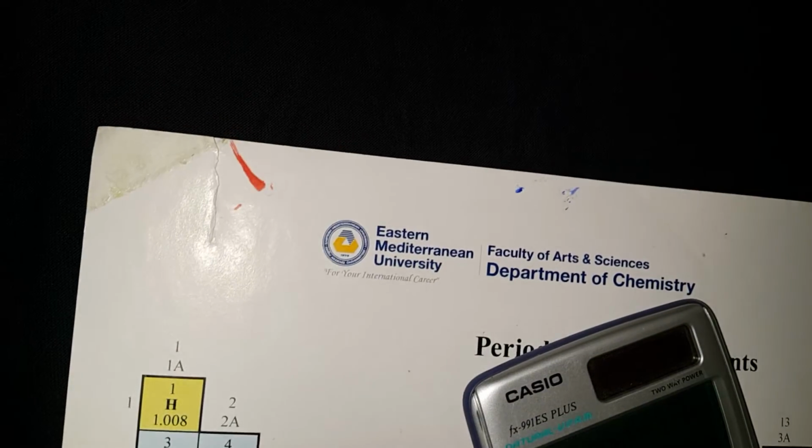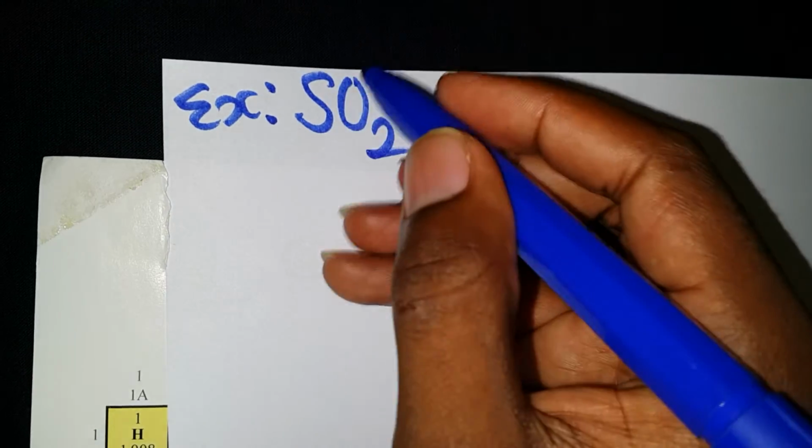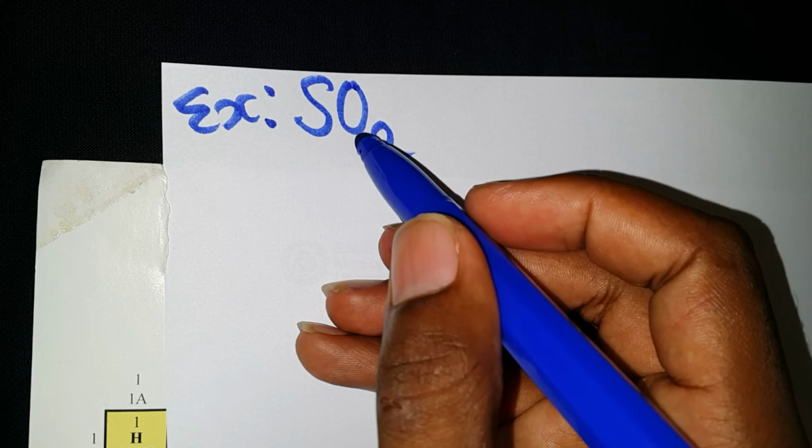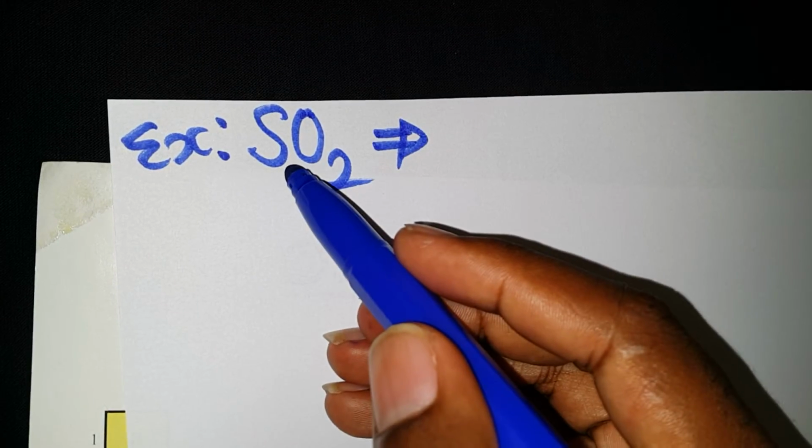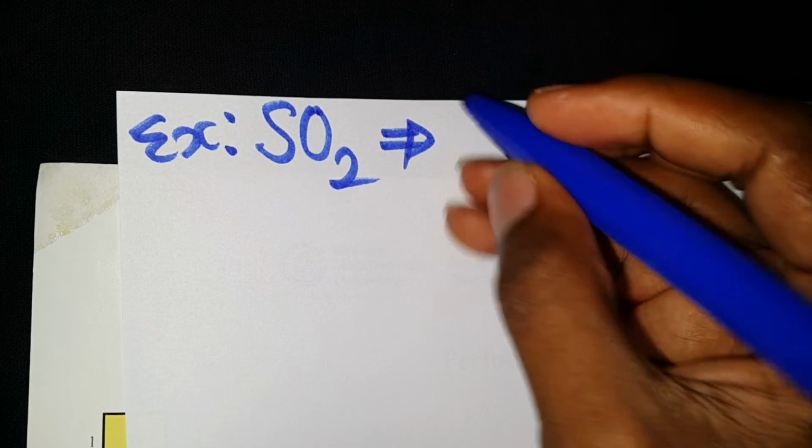So another example. We have to find the molar mass of SO2. We have sulfur and oxygen. To find this, we only have 1 sulfur here.